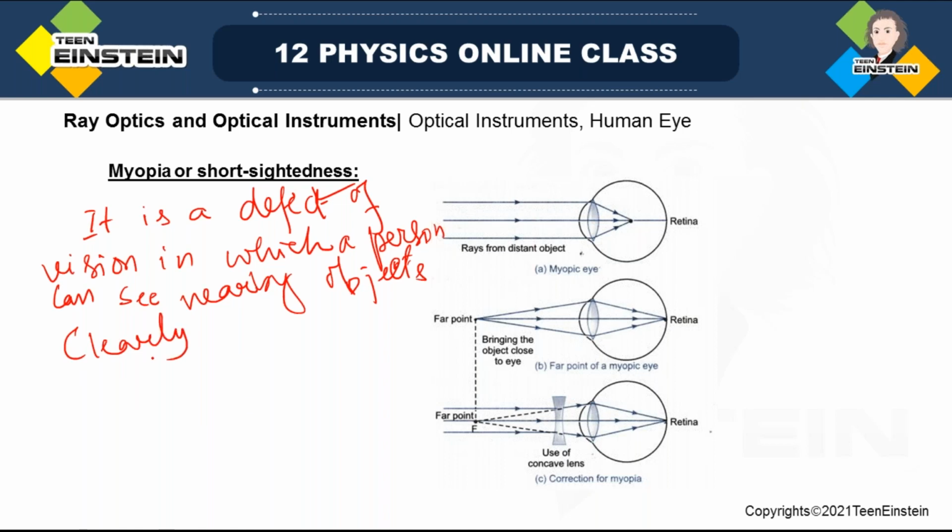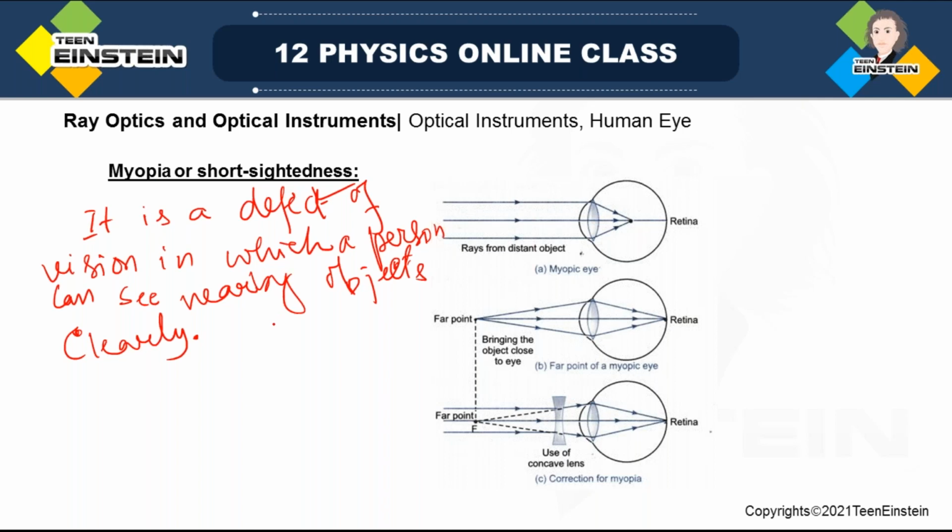Clearly, whereas it cannot, so it cannot actually see the... yeah, so myopia means short-sightedness.